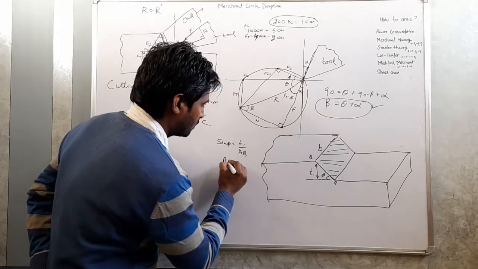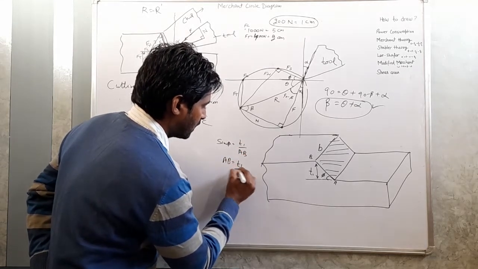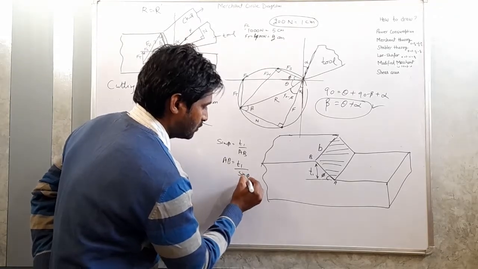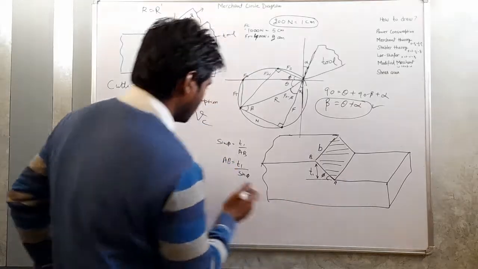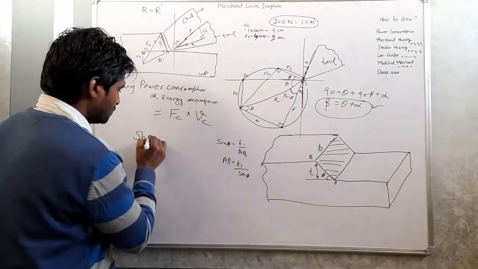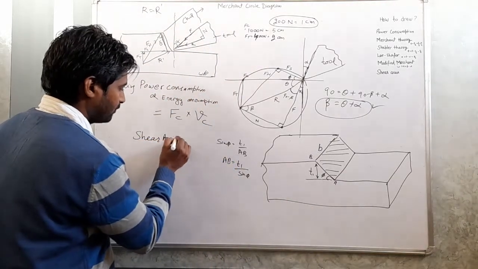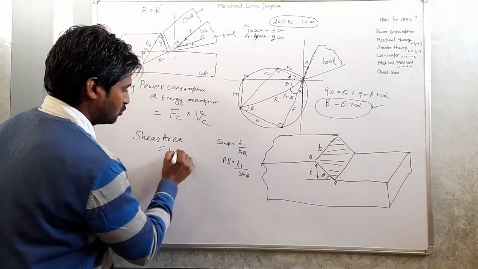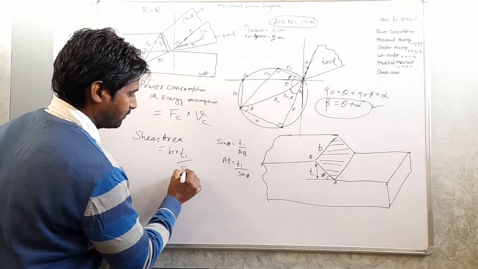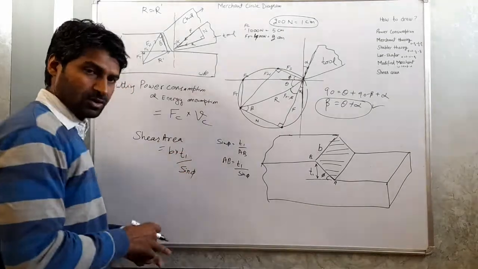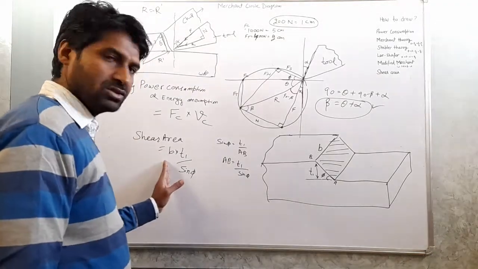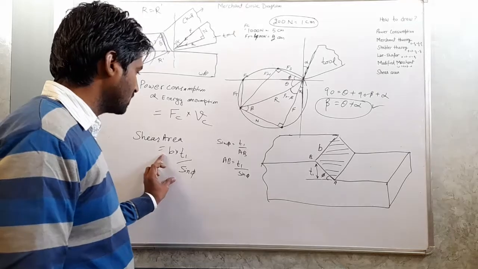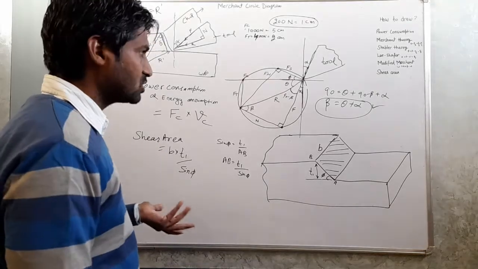So AB equals T1 by sine phi. So this length is T1 by sine phi, into the width. This will give the shear area. Shear area equals B into T1 by sine phi. And similarly, we can calculate shear stress: shear force divided by this area will give the shear stress.